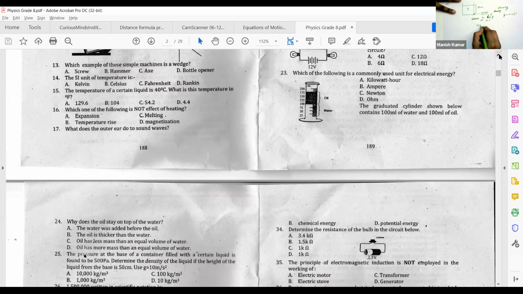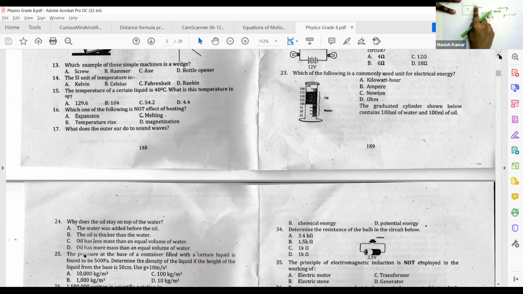So 500 equals H rho G. Since I am using the pressure in SI unit, G in SI unit, I have to put everything in SI units. So pressure is already in its SI unit.